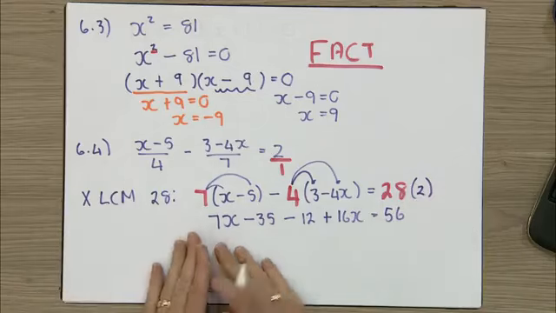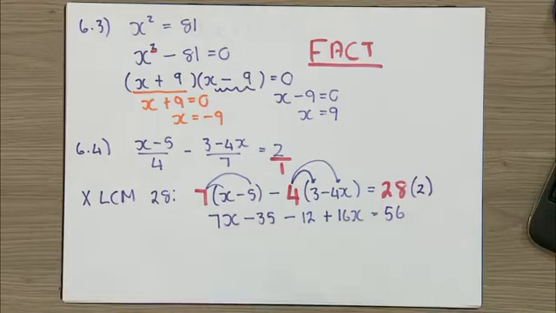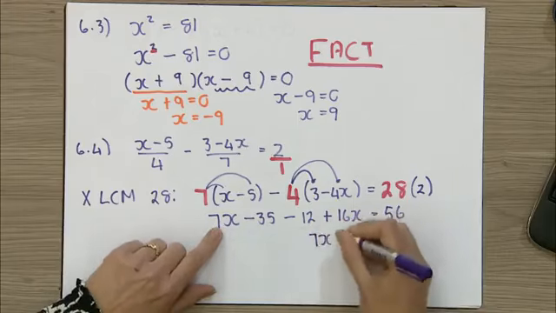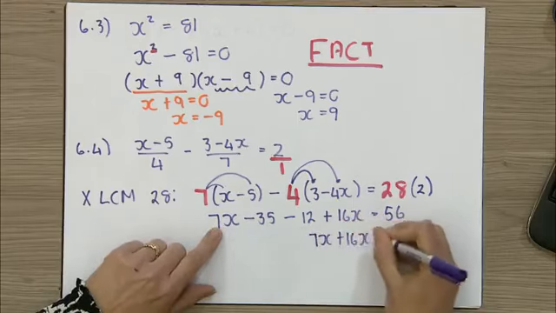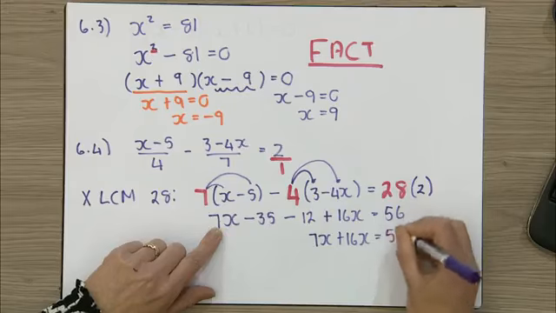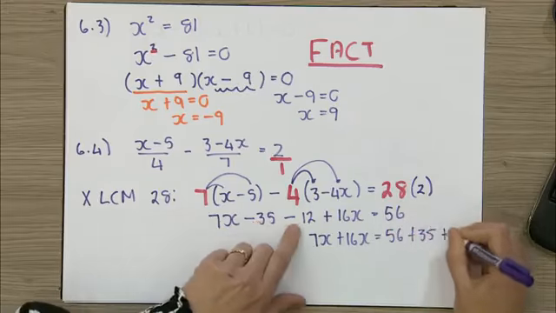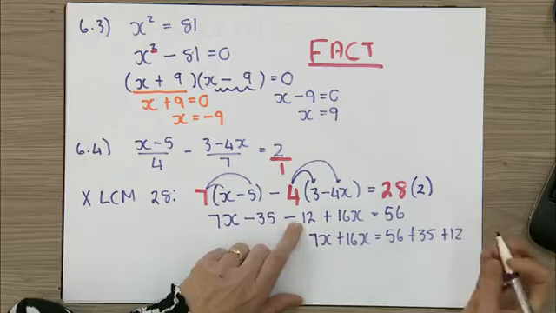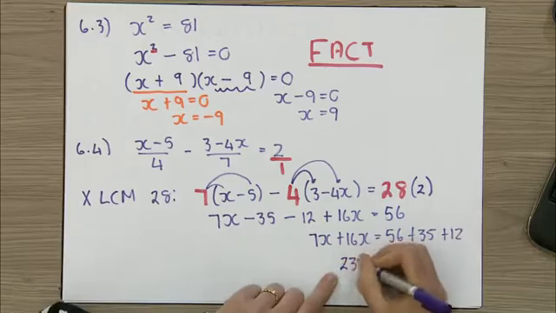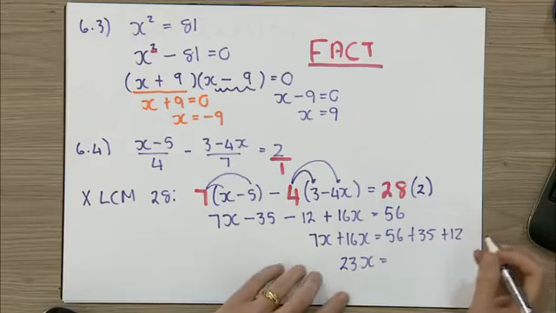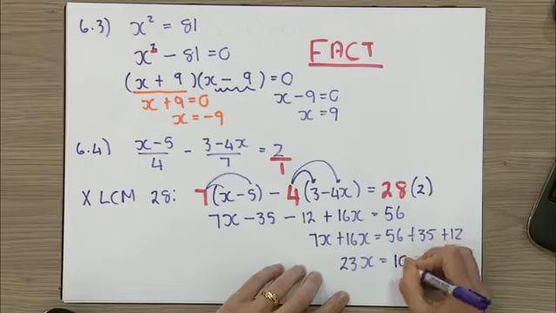X's to the one side, numbers to the other side because there's no squares. So, 7x plus 16x. And on the right, 56 plus 35 plus 12. 7x plus 16x is 23x. 56 plus 35 plus 12 is 103.